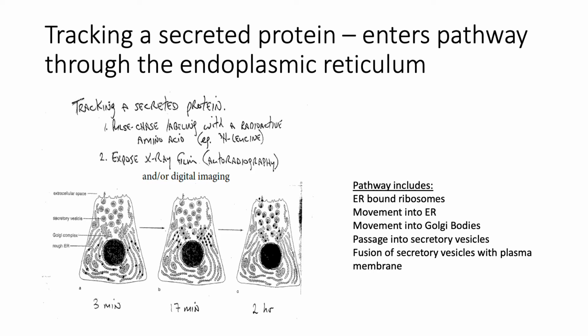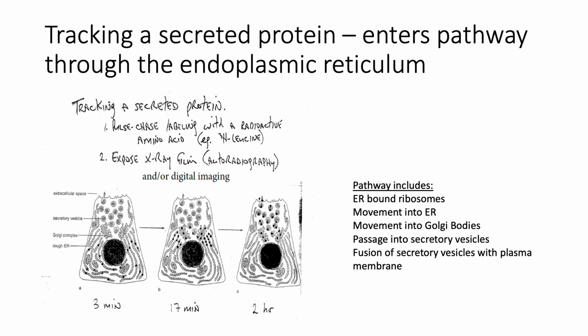So original 3-minute labeling, then 17 minutes without labeling, and then again 3 minutes labeling, and then 2 hours without labeling. At the end of that time, you fix the cells, and then you expose them to either a digital detector, which can detect the radiation, or sometimes people use X-ray film.